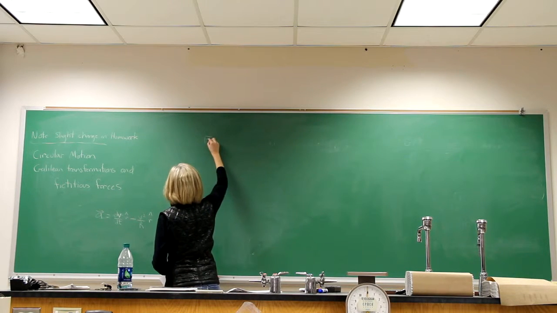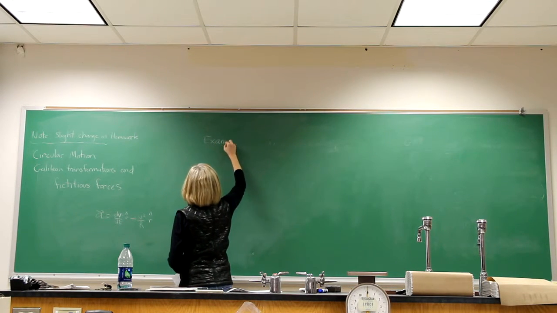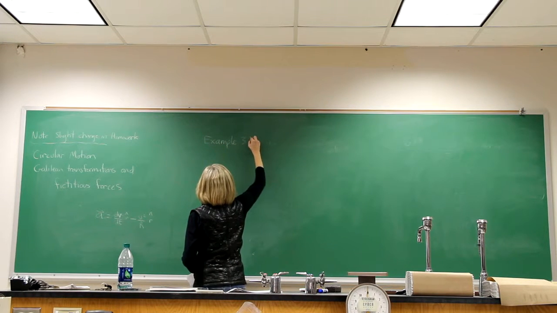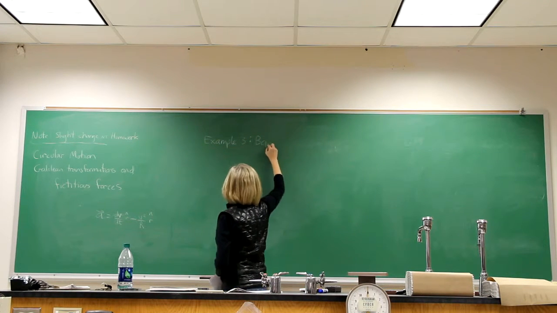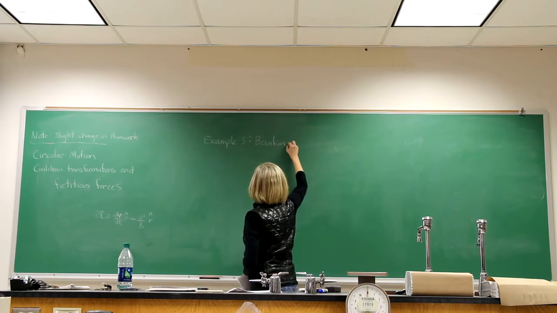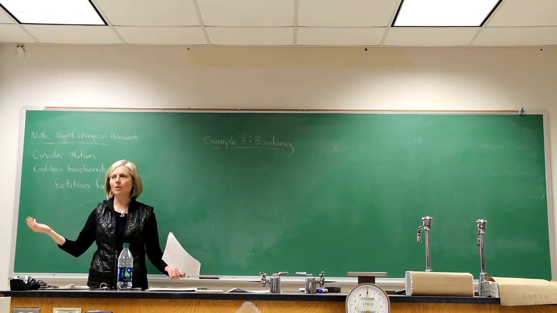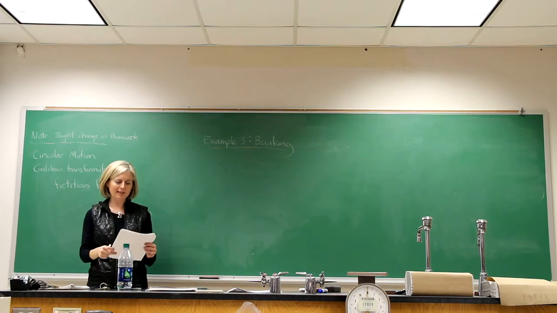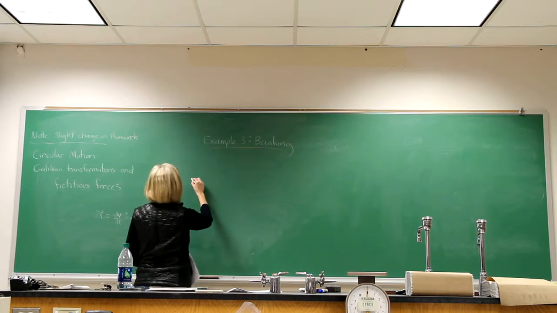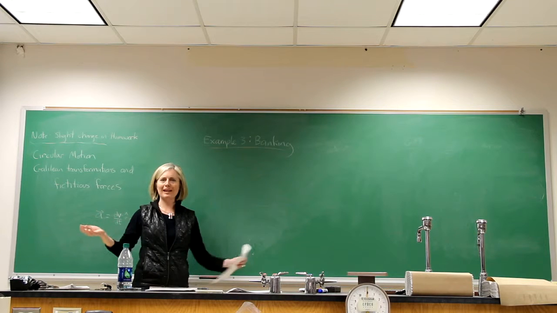Example 3, banking. Let's just talk about setting up the equations and how they work. You can plug in numbers, and one of your problems in the homework ends up plugging in numbers. Okay, so here's the thing with how banking works.